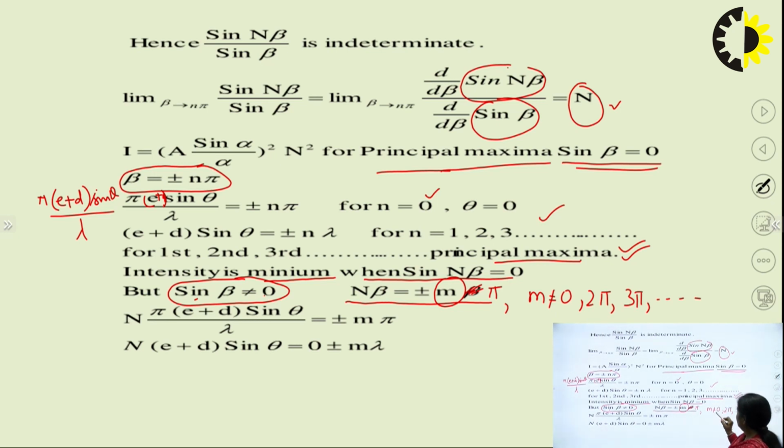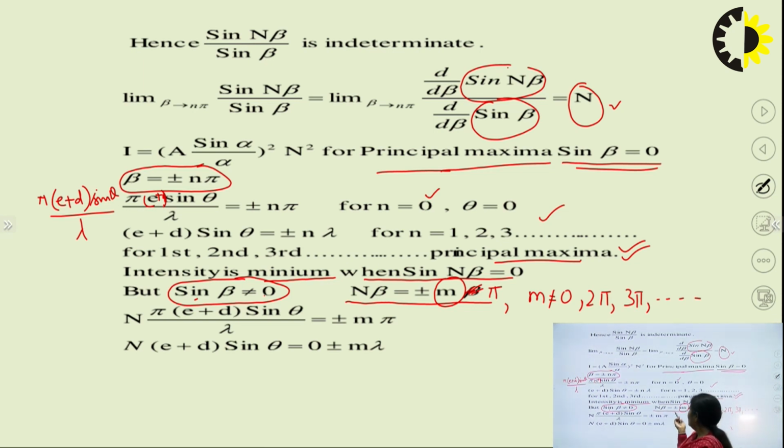So, which values it cannot take. And now whenever we are getting values for beta, we go back to the diffraction angle theta, because that is exactly the measurement parameter. Beta we have defined for our convenience.